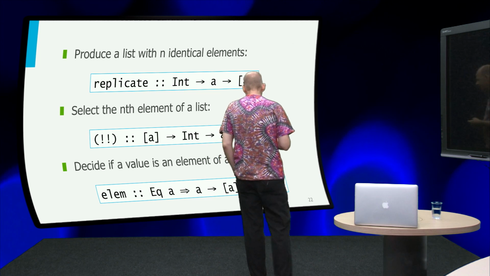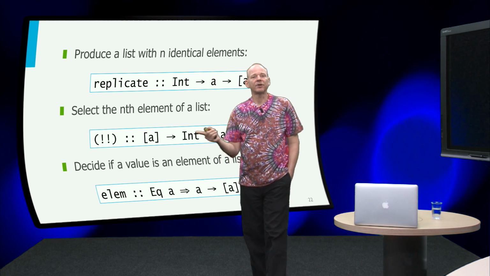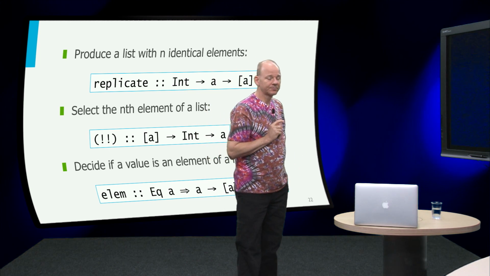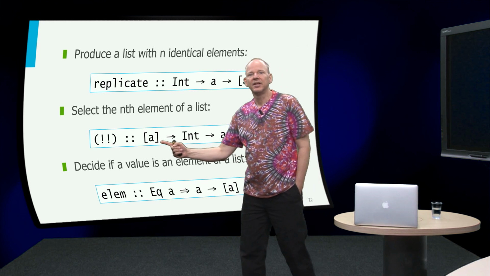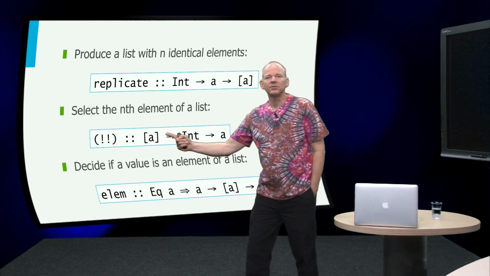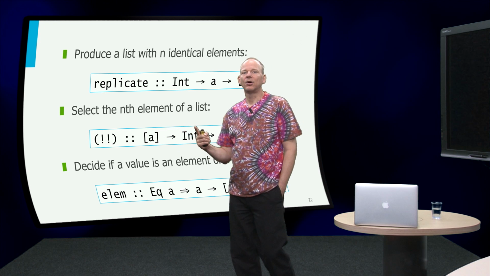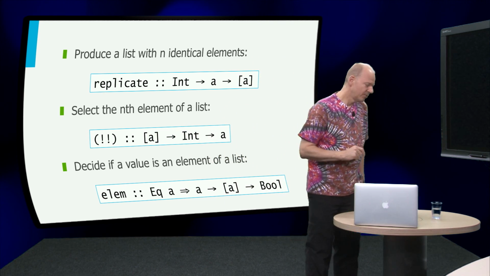Of course, we can do this using take or drop or other functions, but the goal here is to define it using recursion. And since we have here two recursive structures, the list and the integer, we're going to define this by recursing over both. Okay? So how would that look?